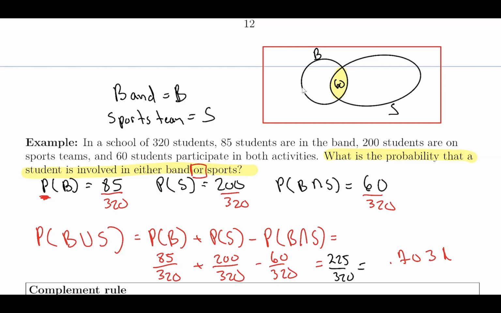Of these 85 students, are these students only participating in band? I'll get to your question right now, Melody. Let me finish this. Because if you look at the 85, are they only in band, or are some of them also in sports?